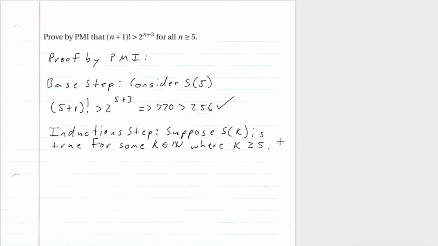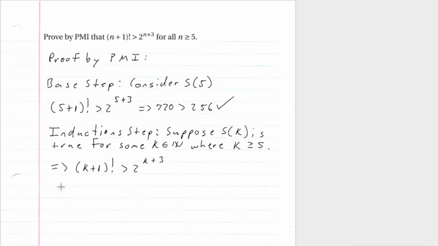All right, so this implies that k plus 1 factorial is bigger than 2 to the k plus 3. All right, so remember we want to prove that it is true for the next term in the sequence, which would be k plus 1, right?